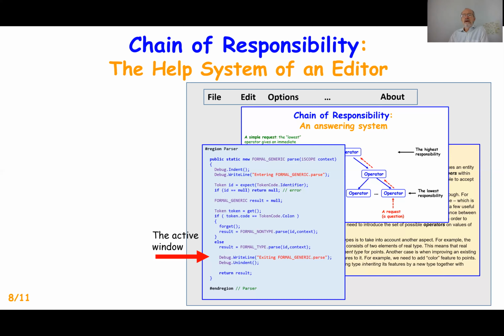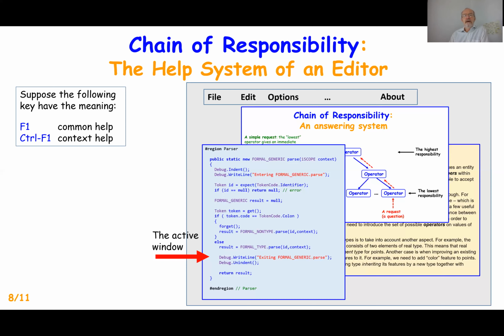Also, there can be a combination of keys like Control F1 to get some other kind of help. Here is the assumption. Suppose we have the following keys and combinations of keys. If a user presses F1, he or she gets the common help about the functionality of the entire text editor.